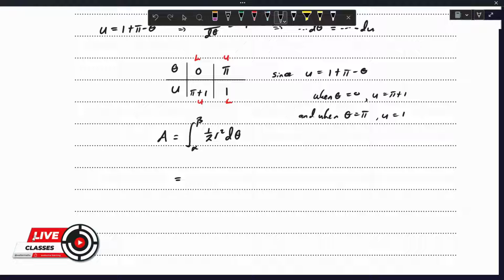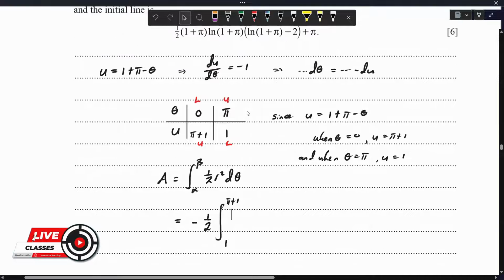So to account for that, I'll put a minus. And the half, I'll factor it out, in the integral from 1 to pi plus 1, and now of r squared.